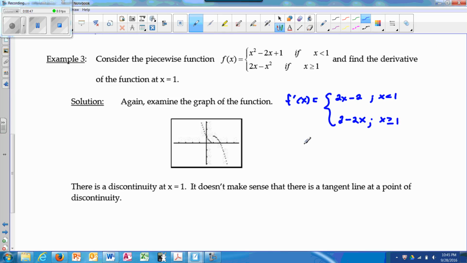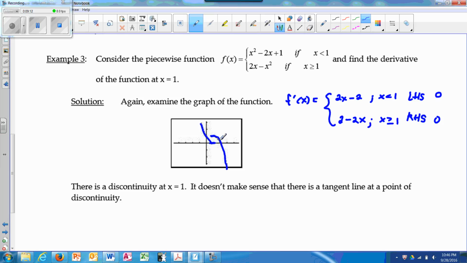These look good because if you look at the left-hand side and the right-hand side, you are going to get the same values. 2 minus 2 would be 0, and 2 minus 2 would be 0. So those both look great. However, we have a function that is discontinuous.